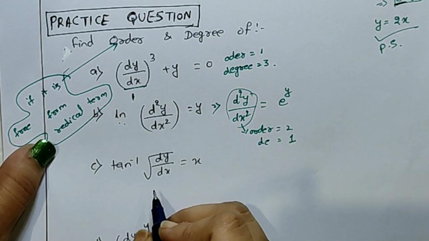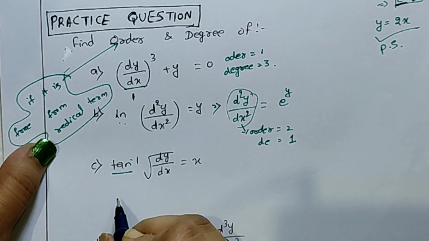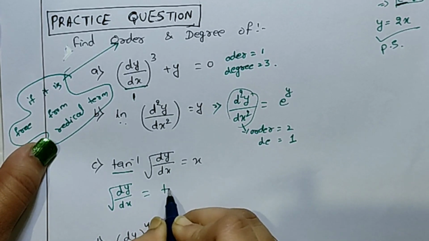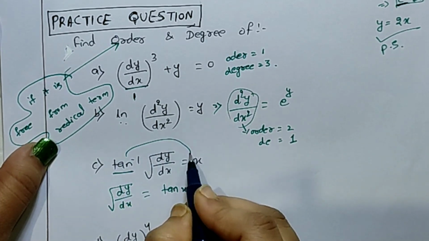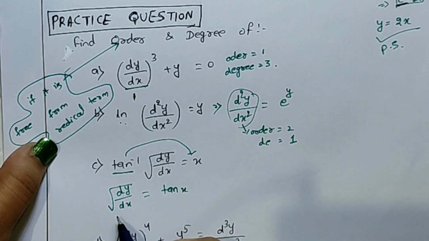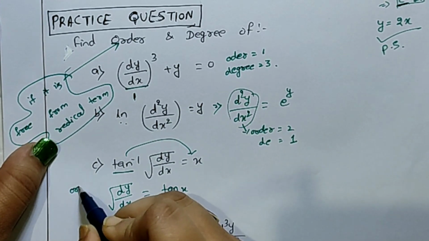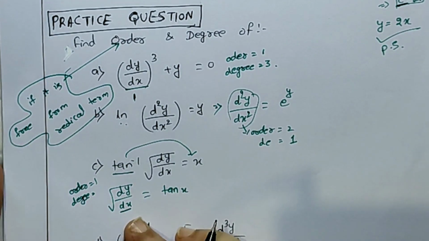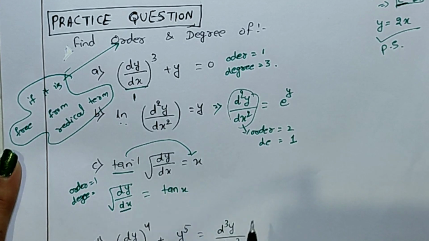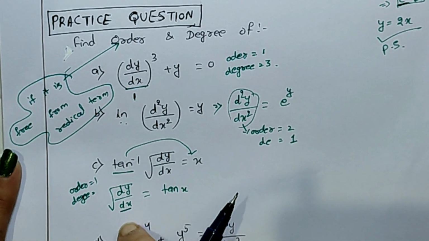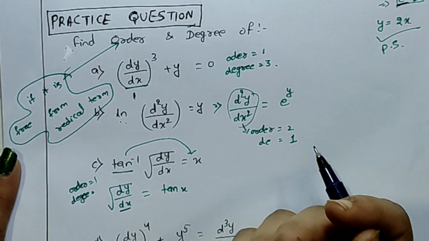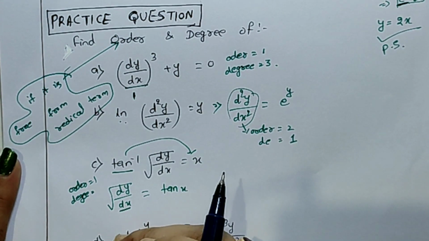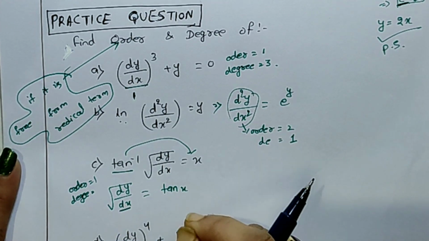Clear? Now this is also a radical term, so I can write root of dy by dx is equal to tan of x. The inverse function on the right hand side becomes tan x. Now order is 1. We have to find the degree. But is the degree half? I already told you we can't write half as a degree, because order and degree are always positive integers.